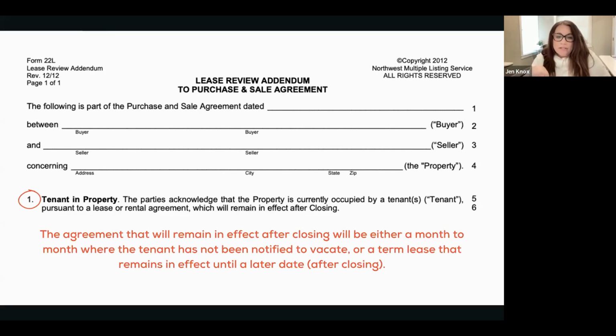This is for a rental agreement with a true landlord-tenant relationship where it extends beyond closing, and at the closing date, you will have somebody occupying that property. The agreement that will remain in effect after closing will either be a month-to-month, where the tenant has to be notified to vacate, or a term lease that remains until the effective date.